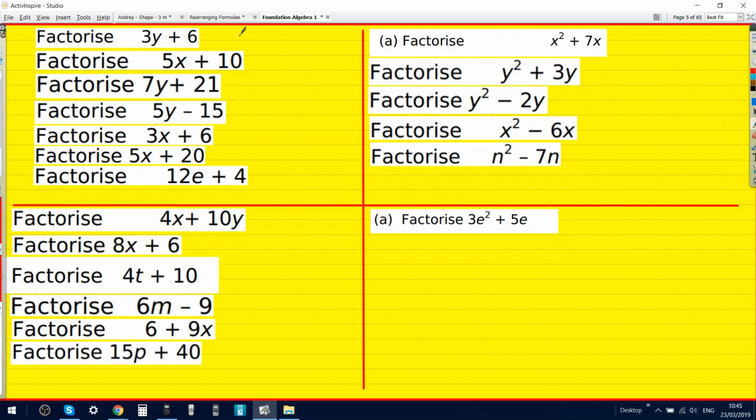Factorize. I'll be the first one. Okay. So would that be 3 on the outside of the brackets, y plus 2. The bottom one. Okay. Would that be 2 on the outside? Right.